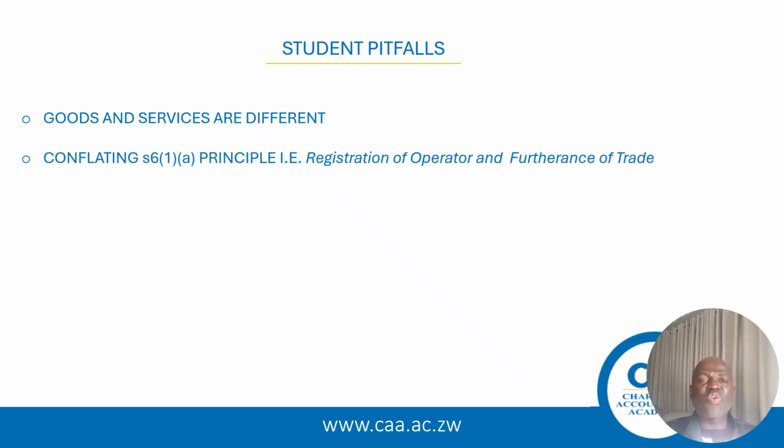Then there's the element of conflating section 6.1a principles with section 6.1b principles. What are these sections? Quickly, a recap. 6.1b is what we're dealing with today. Import VAT that arises from the importation of goods. 6.1a is our earlier topic where we dealt with output VAT that arises out of the supply by a registered operator of goods and services in furtherance of trade.